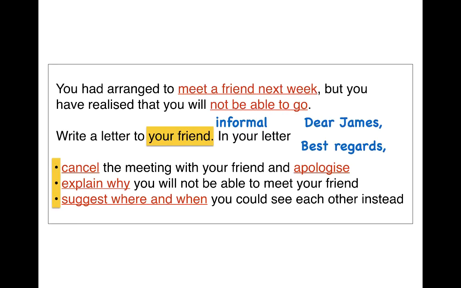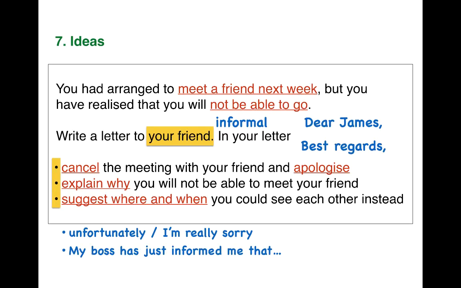And step 7, the last step, let's think of some ideas quickly before we write the letter. Here are my 3 ideas. For the first bullet point, I'm going to say, unfortunately, I won't be able to meet, and apologise, so we'll need to say, I'm really sorry. Second bullet point, I'm going to explain, my boss has just informed me that, so I'm going to make an excuse about work.